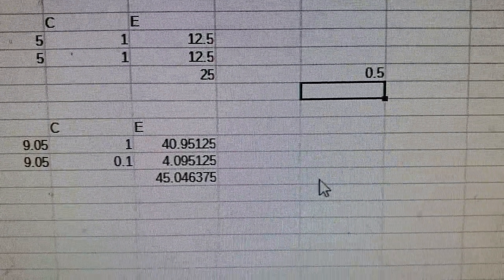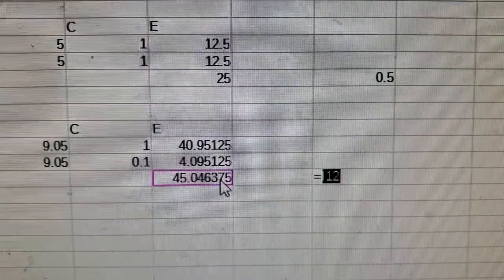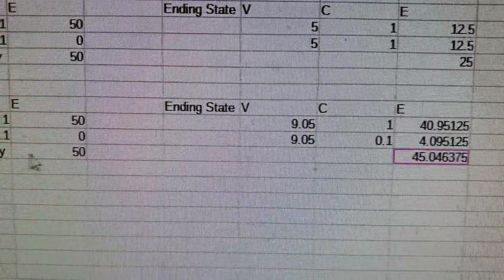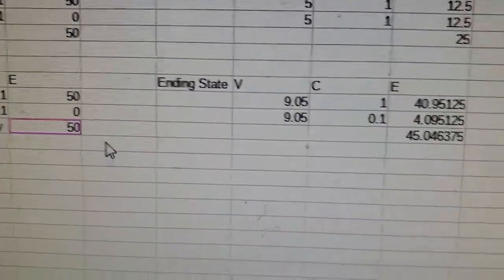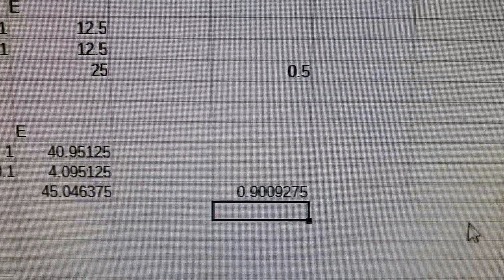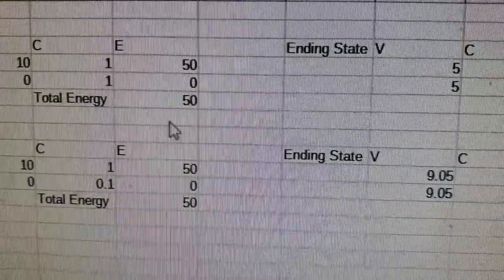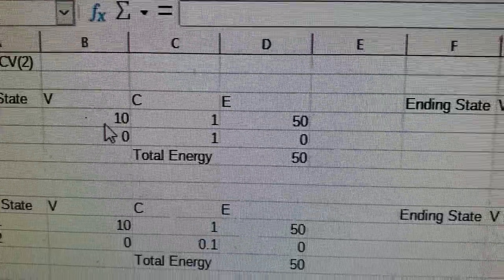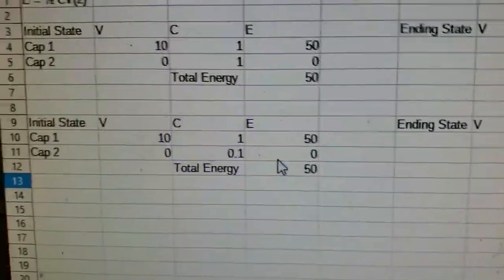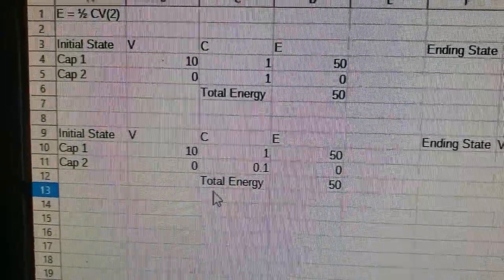Now let's do this, 45 divided by 50. We only lost 10% of the energy. Isn't that odd? So we lost 50% of the energy when they were the same size, and we lost 10% when it was going from a large cap to a small cap.